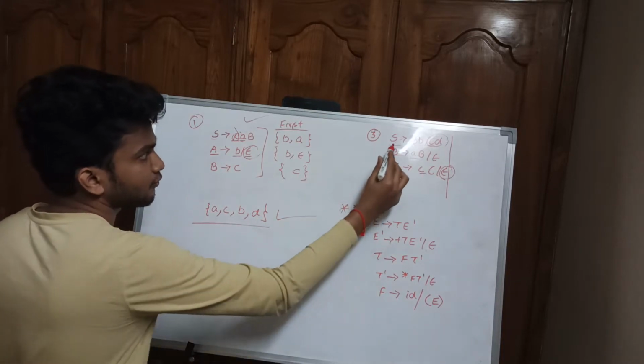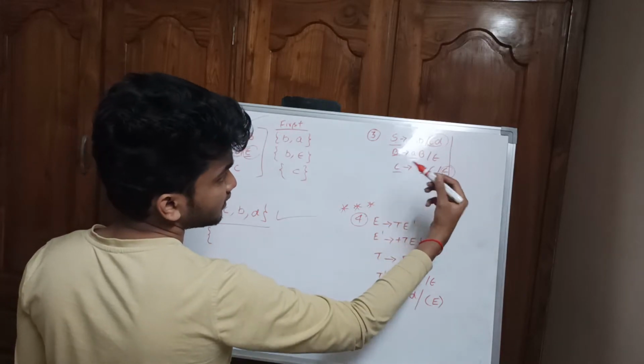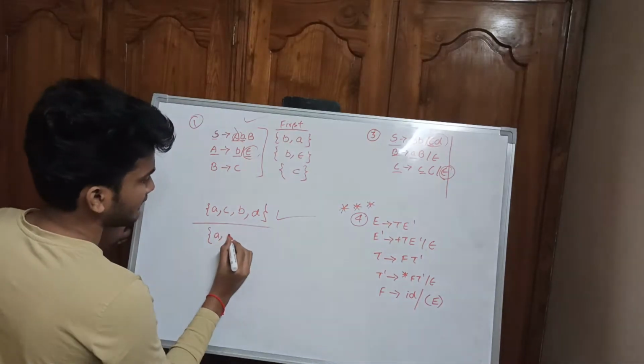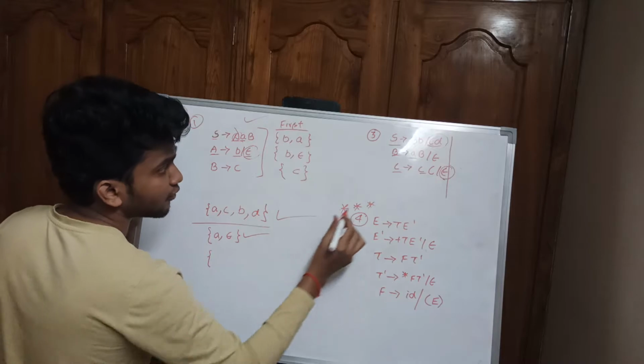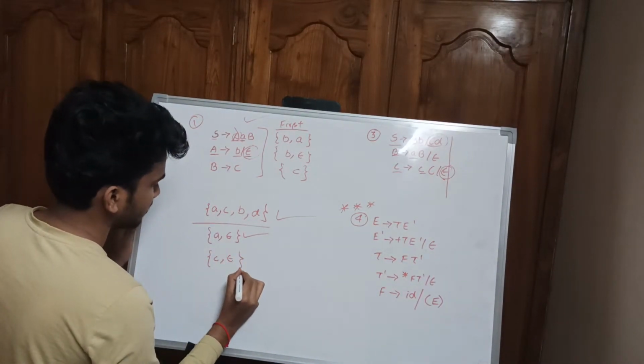So this would be the First of S. Now First of B, how would we calculate it? It is giving small a and epsilon. Done. Now First of capital C, small c or epsilon. Done.